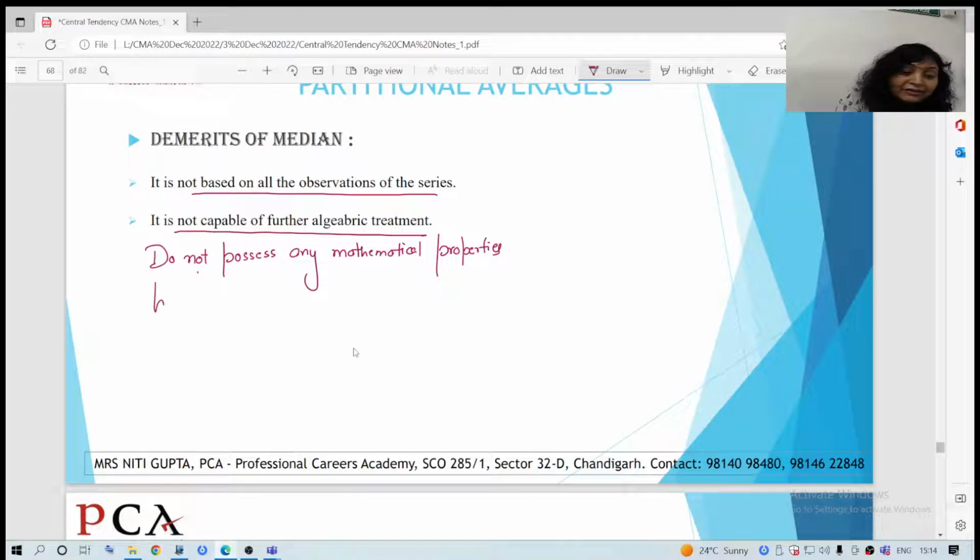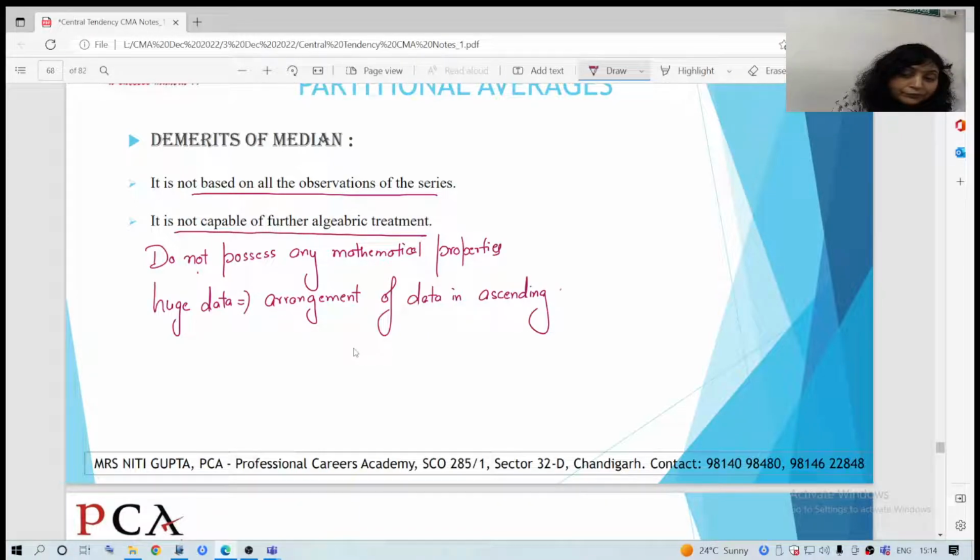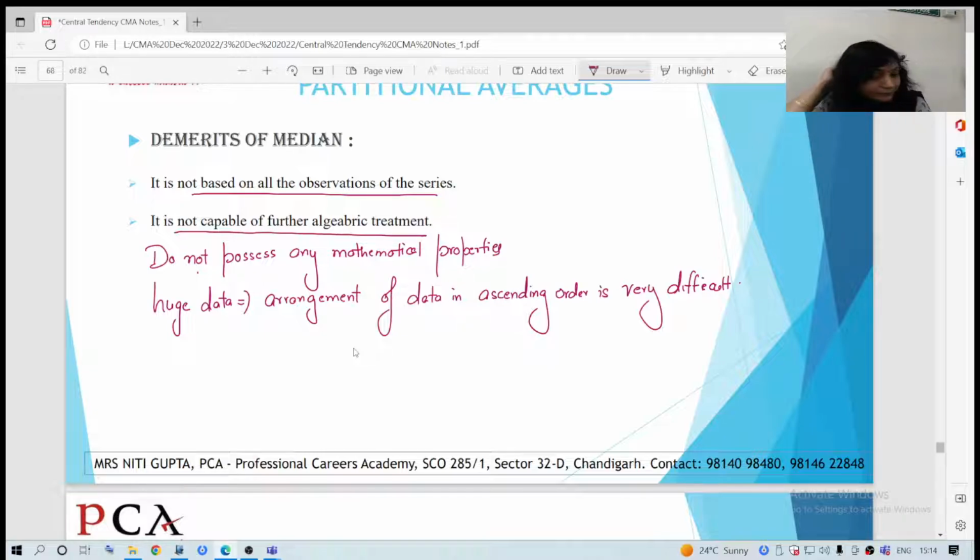So in case of huge data, arrangement of data in ascending order is very difficult. It's not easy to arrange data if it is very huge. So we can't arrange the data if there is a huge quantity of data.